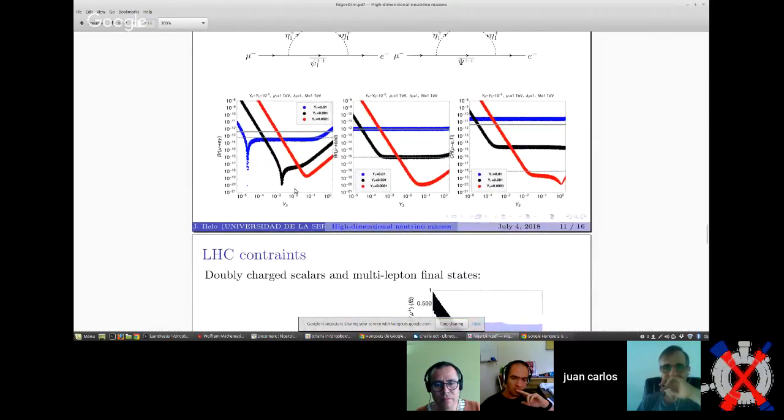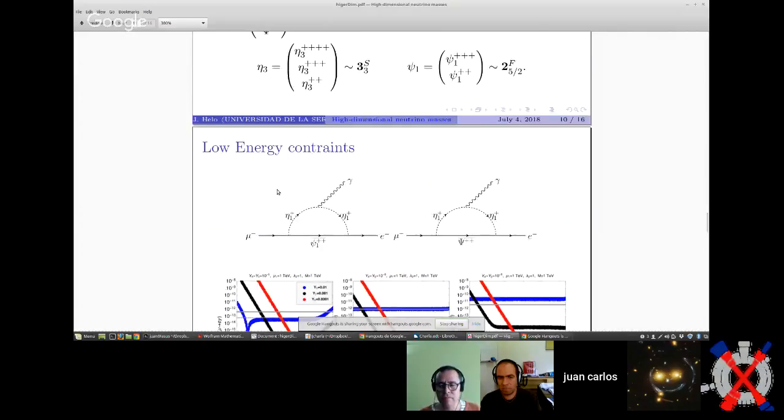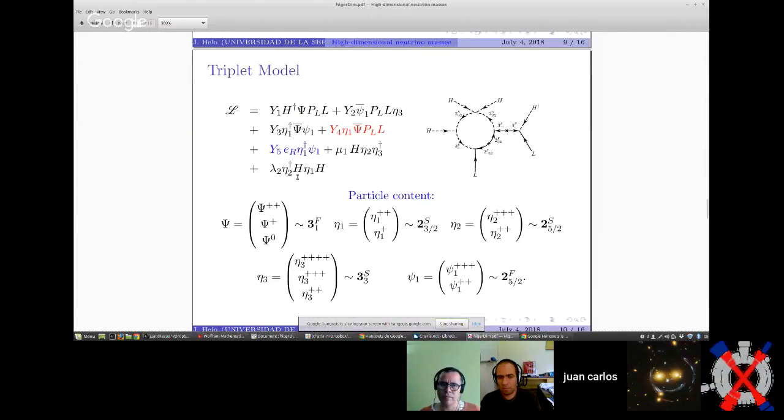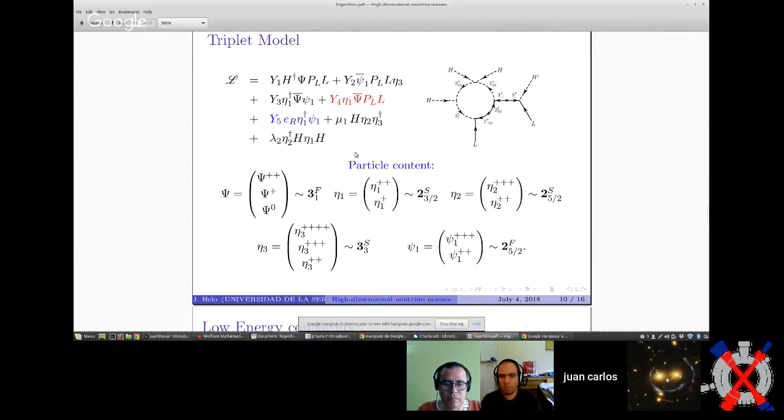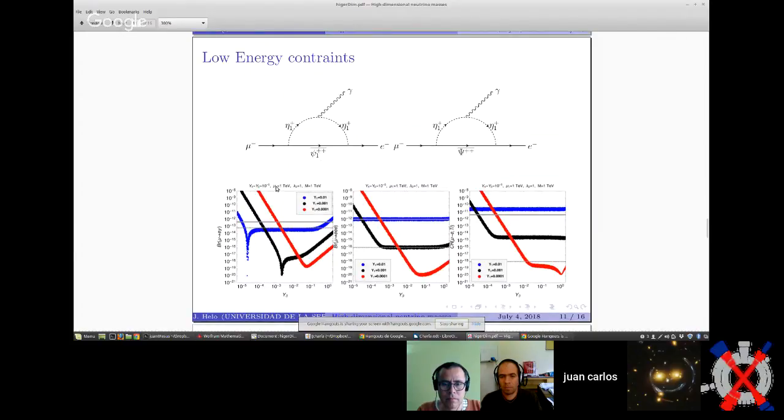I think here in these plots, this is for the triplet model. So mu1, let me go up here. Mu1 is the coupling among the two doublet scalars. It's the coupling among this doublet scalar with the Higgs. It's mu1. And this mu1, here we set it to be 1 TeV for these three plots, for instance.